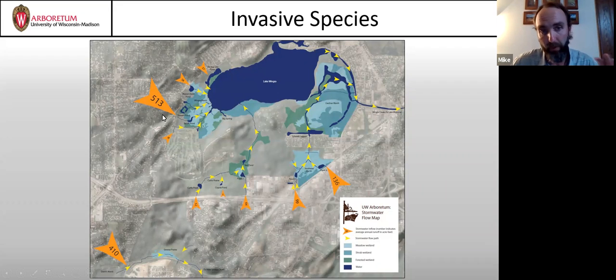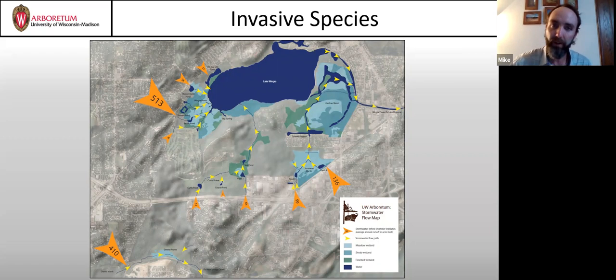And this is measured in annual acre feet of stormwater. So at this particular spot, we're getting 513 acre feet of stormwater on an annual basis. And if you don't remember what an acre foot is, that's the amount of water needed to cover an acre of land, about the size of a football field, with 1 foot of water.